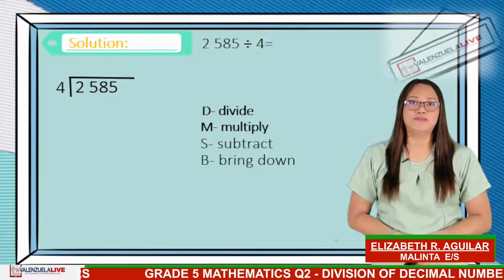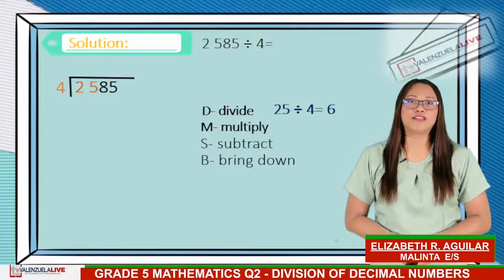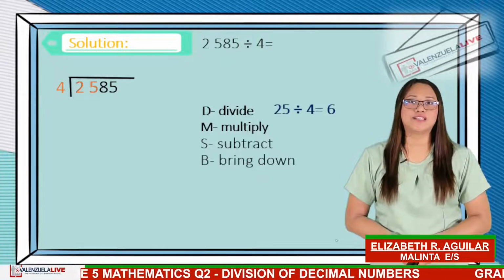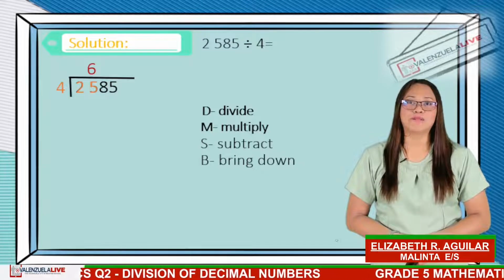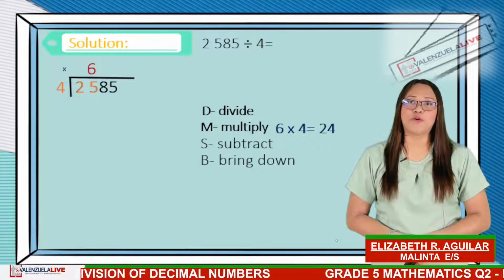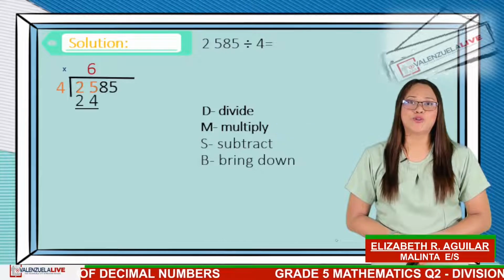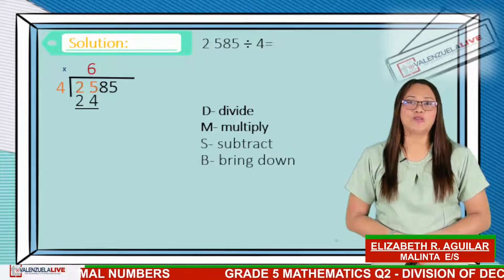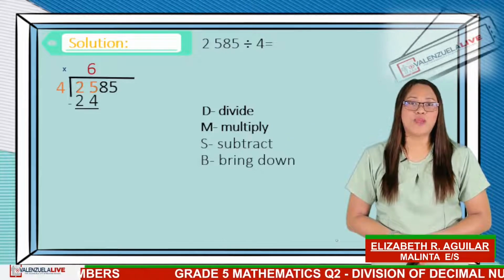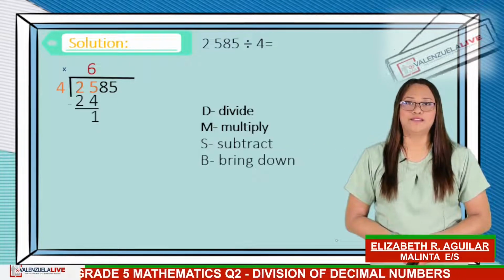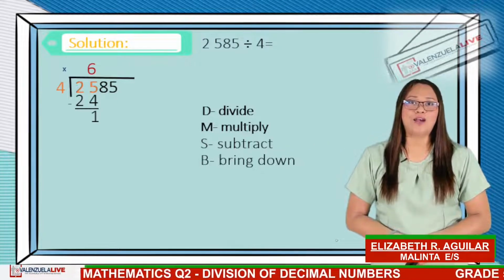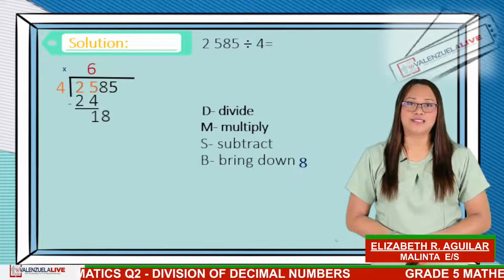So it will become 25 divided by 4 is equal to 6. Then the next step is to multiply. 6 times 4 is equal to 24. Then 25 minus 24, we have here 1. Okay, then bring down 8.